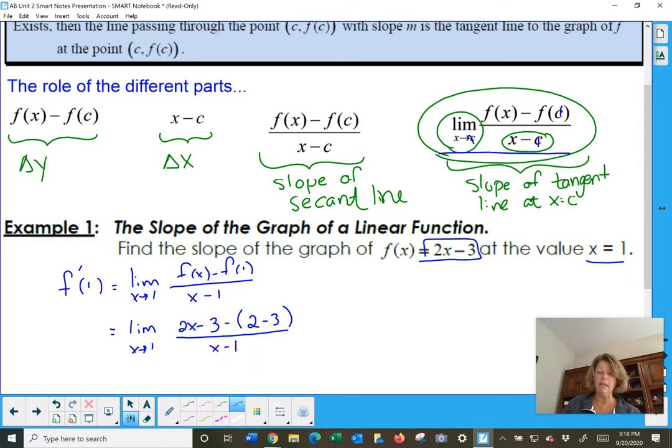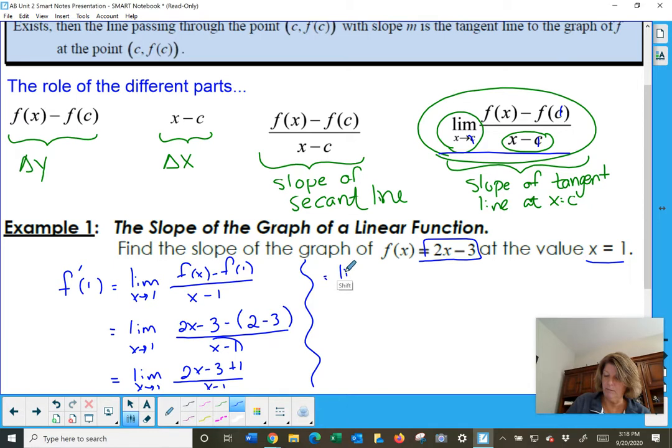I still can't calculate my limit because in the bottom I would have 0. So let's just keep proceeding forward. We get the limit as x goes to 1 of 2x minus 3, negative 1, positive 1, over x minus 1. Looks like that can be simplified.